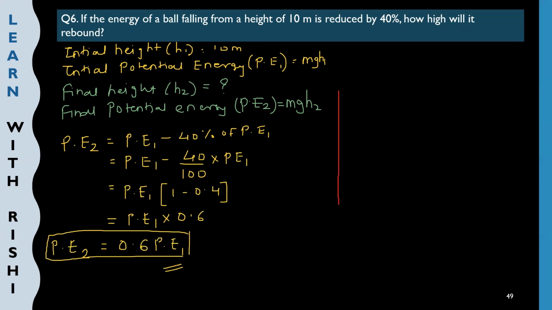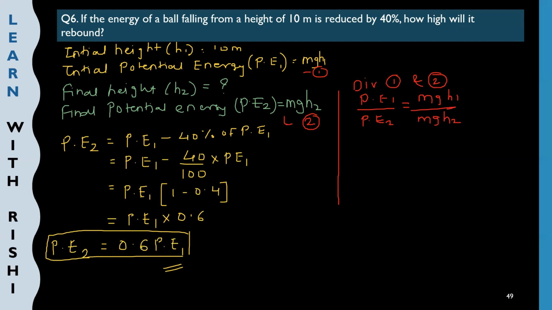Next thing. Now here we will divide the two equations. Which are the two equations? This is our equation number 1 and this is equation number 2. So dividing 1 and 2, that is potential energy 1 divided by potential energy 2 is equal to mgh1 divided by mgh2.